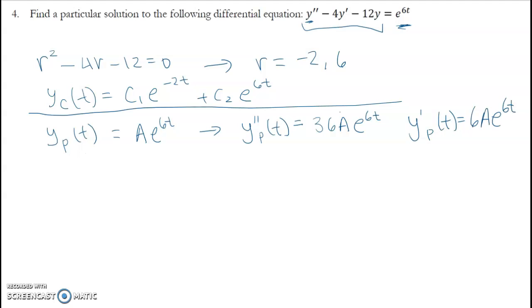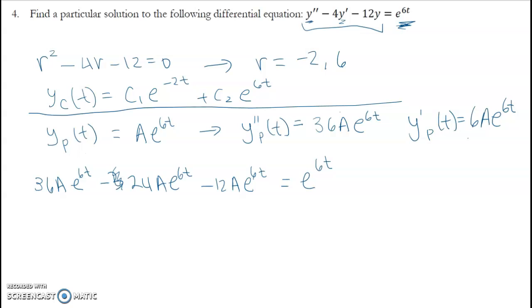So we have 36a e to the power of 6t minus 4 times 6, which is 24a e to the power of 6t, and negative 12a e to the power of 6t. And this equals, on our equation, e to the power of 6t, as given.